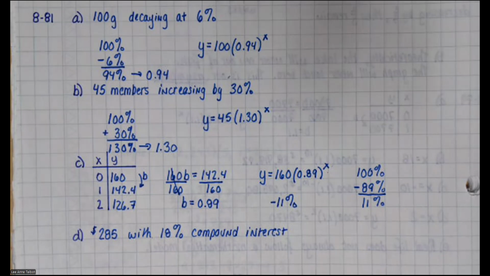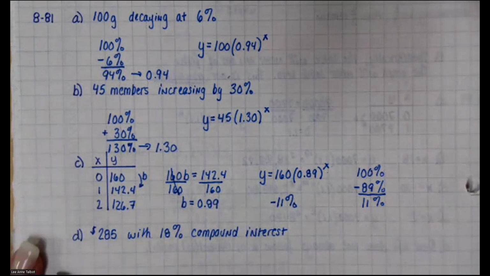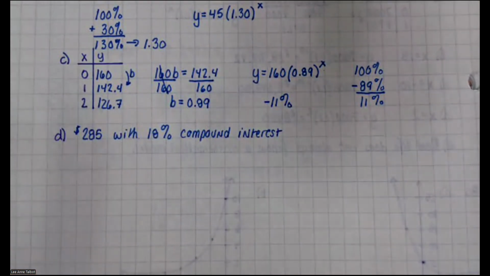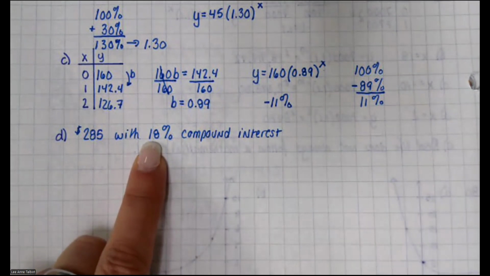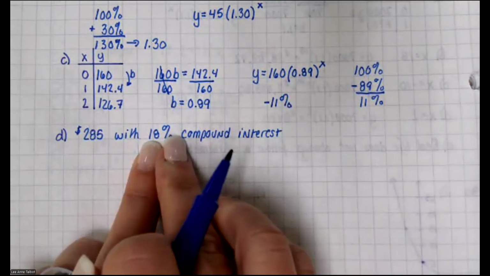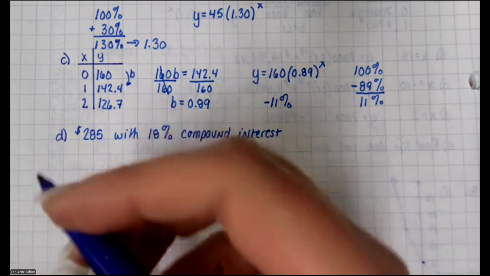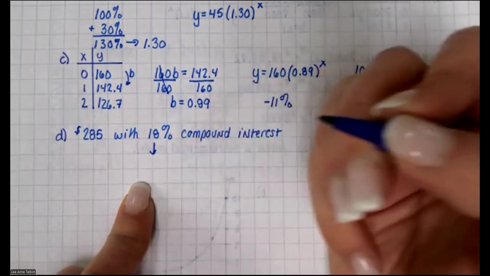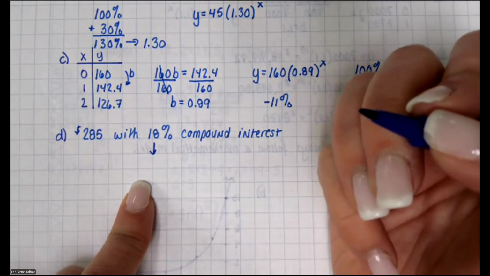Okay. Question: compound interest, is that increasing or decreasing something? Increasing. So interest is a good thing. You want interest. It means you get more money. Okay, now let's try to do this without writing out the percent. If it's going up, what would the multiplier be? Going up.